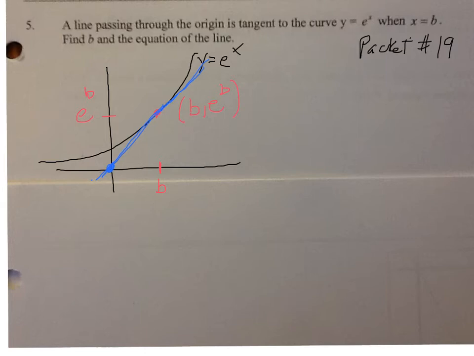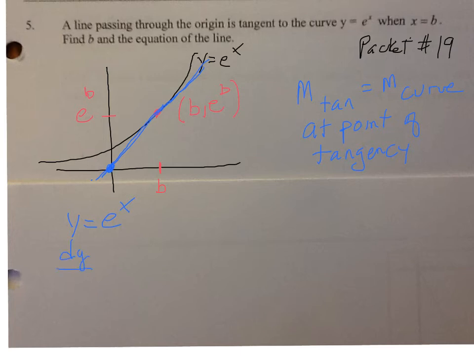Now, the slope of the tangent line equals the slope of the curve at the point of tangency. So, if we have the equation y equals e to the x, e to the x is a fantastic equation.